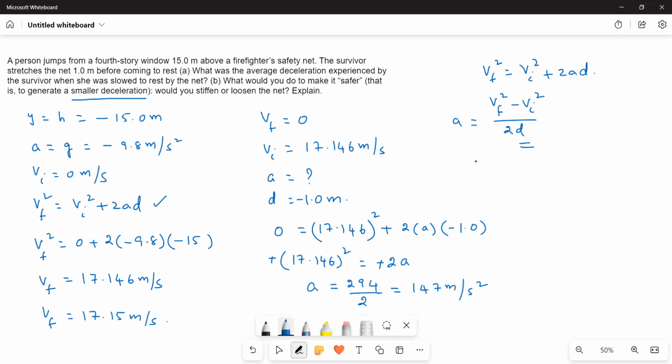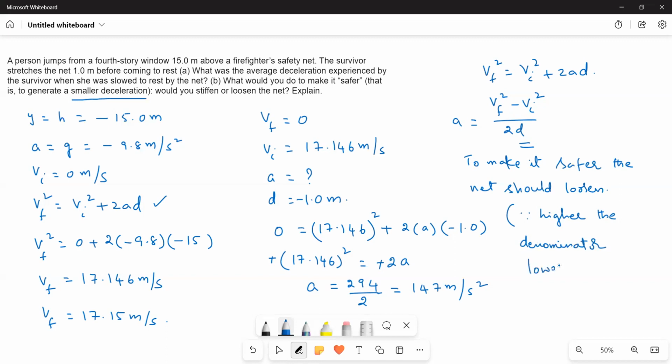Therefore, to make it safer, the net should be loosened. Since the higher the denominator, the lower the value of the fraction, that implies a smaller deceleration.